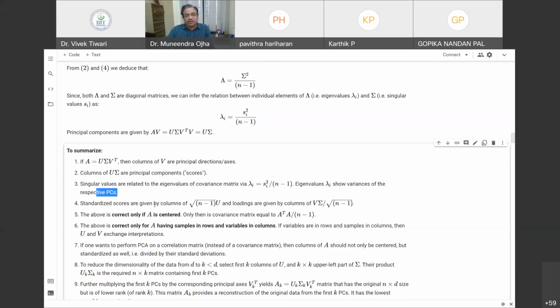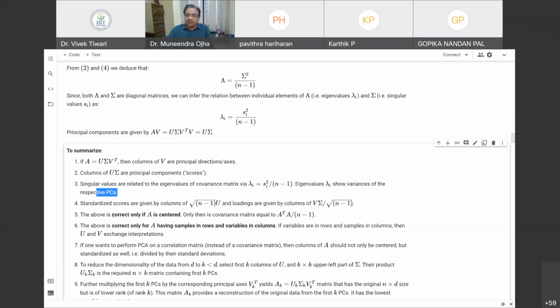The standardized scores are given by the columns of square root of n minus 1 times U, and the loadings are given by the columns of V sigma upon square root of n minus 1. Okay, the above is correct only if A is centered. Only then is the covariance matrix equal to A transpose A upon n minus 1.